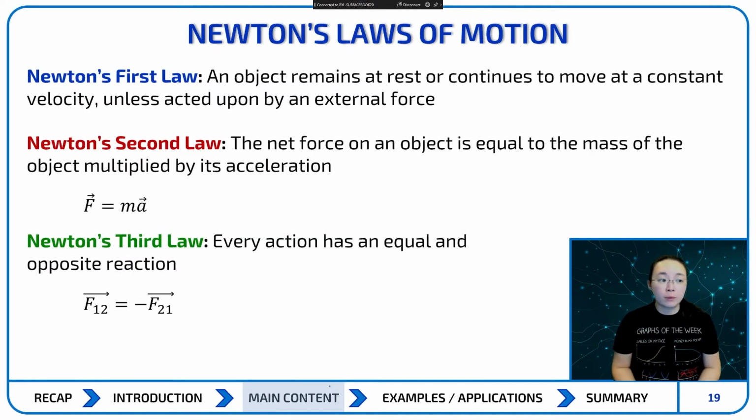So Newton's laws of motion, there's 3 of them. Newton's first law is saying an object remains at rest or continues to move at a constant velocity unless it's acted upon by some sort of external force. So any object that's in motion will stay in motion unless something changes.